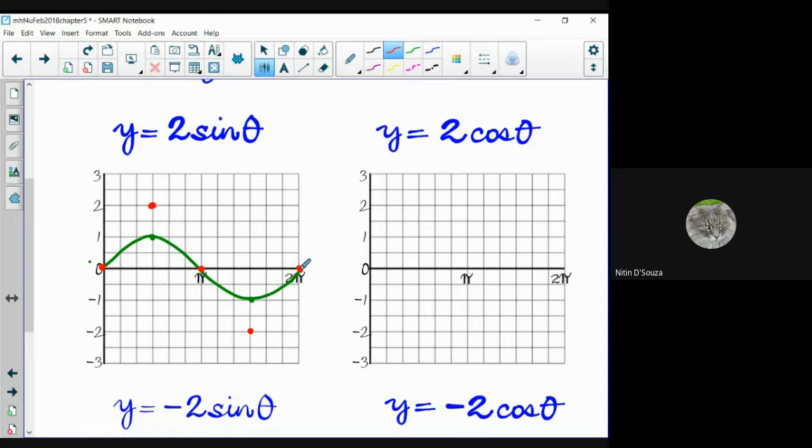If you know all of the key points, you can kind of do something, but here's the basic shape. It stretched it vertically, all the y values got multiplied by 2.